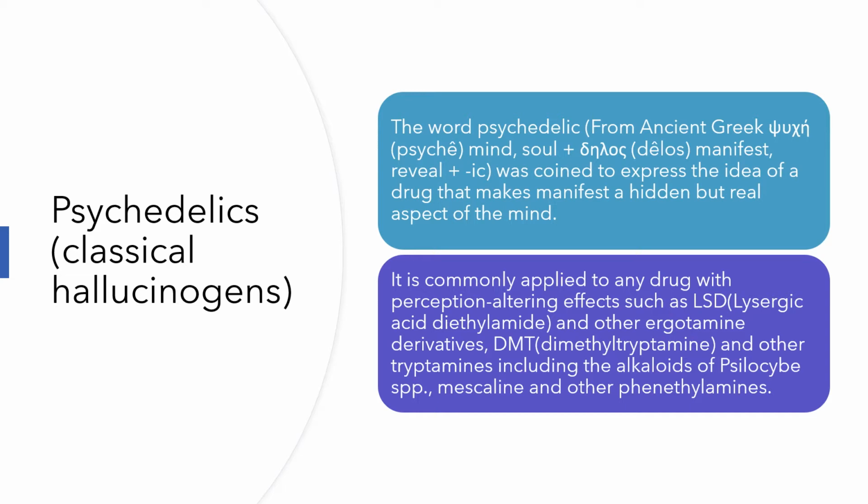It is commonly applied to any drug with perception-altering effects, such as LSD, lysergic acid diethylamide, and other ergotamine derivatives, DMT and other tryptamines, including the alkaloids of psilocybe species, and mescaline and other phenethylamines.